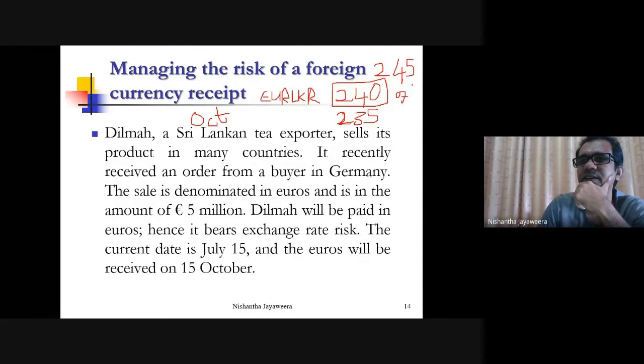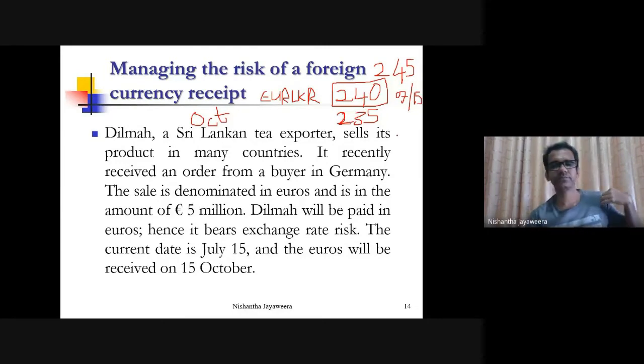This is the exchange rate as on 15th July. What is the risk to the Sri Lankan exporter?